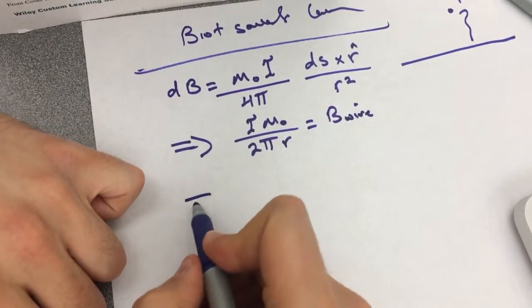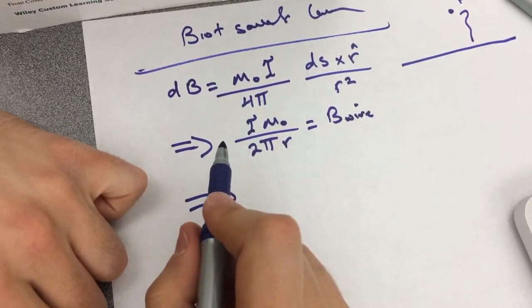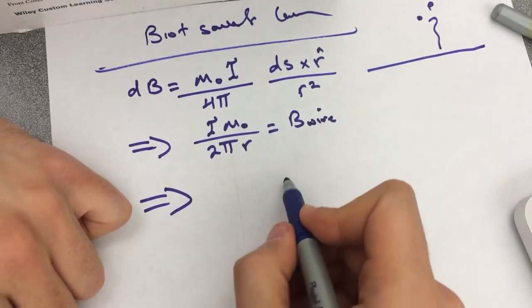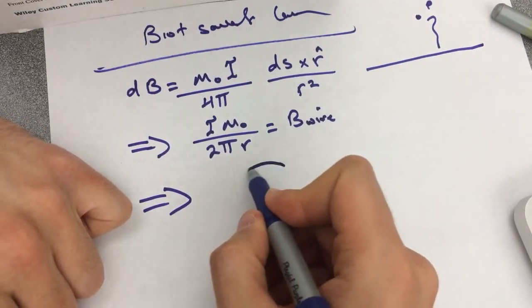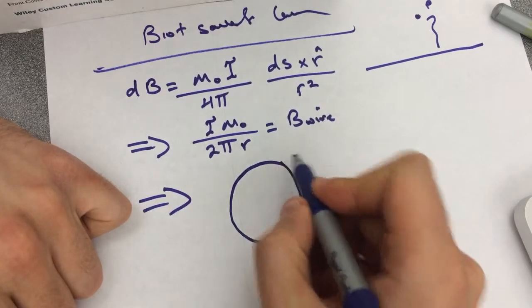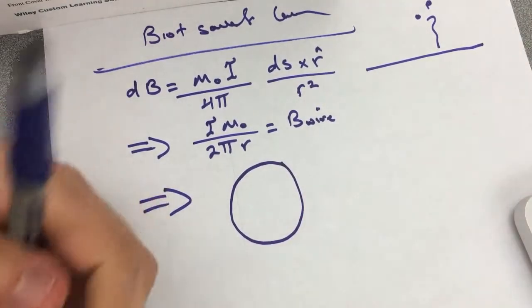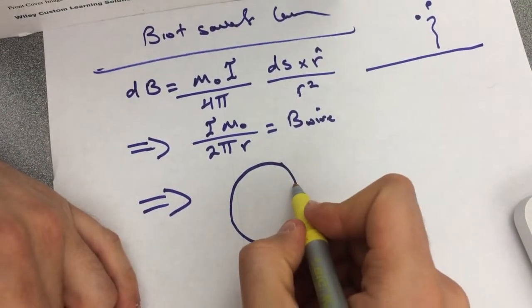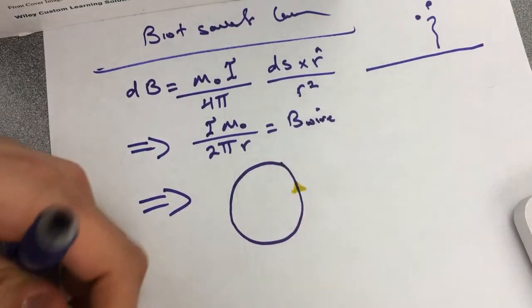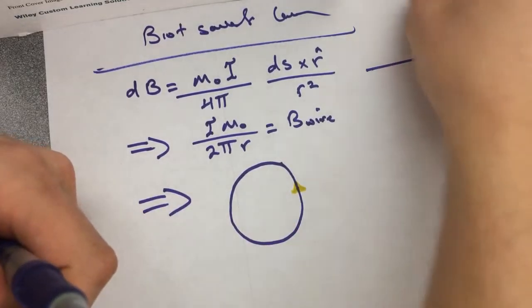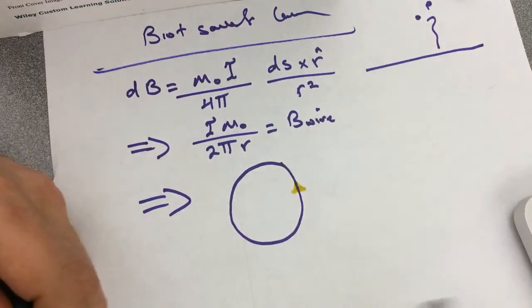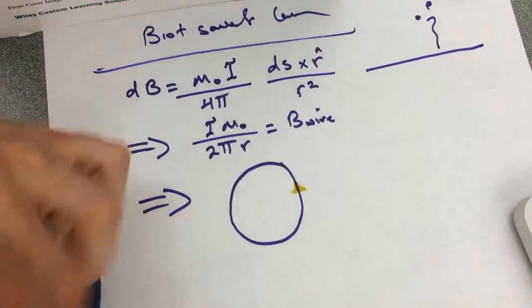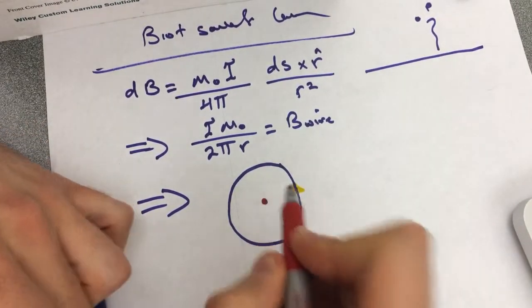Okay, the other thing you need to know is the magnetic field at the center of a loop. Alright, so we have a current that's going this way, and we need to find the magnetic field at this point here.